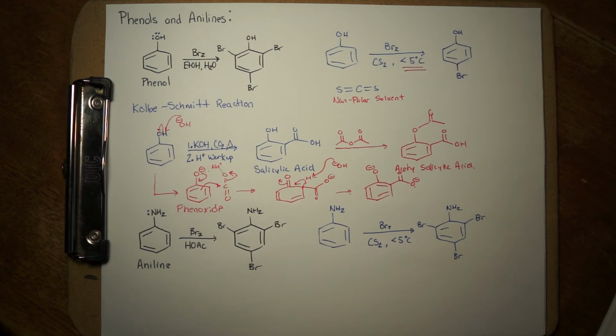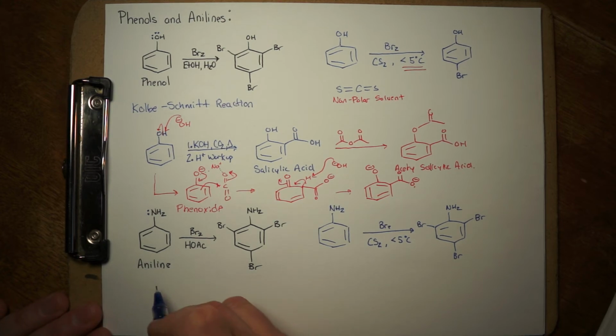All right, so let's shift gears and take a closer look at aniline now. All right, so we've already established that we can't adjust the solvent and adjust the temperature to reduce the activity of aniline low enough that we just get one bromine added to that molecule. All right, so what can we do? Well, the strategy that we will take is we will treat aniline with acetic anhydride.